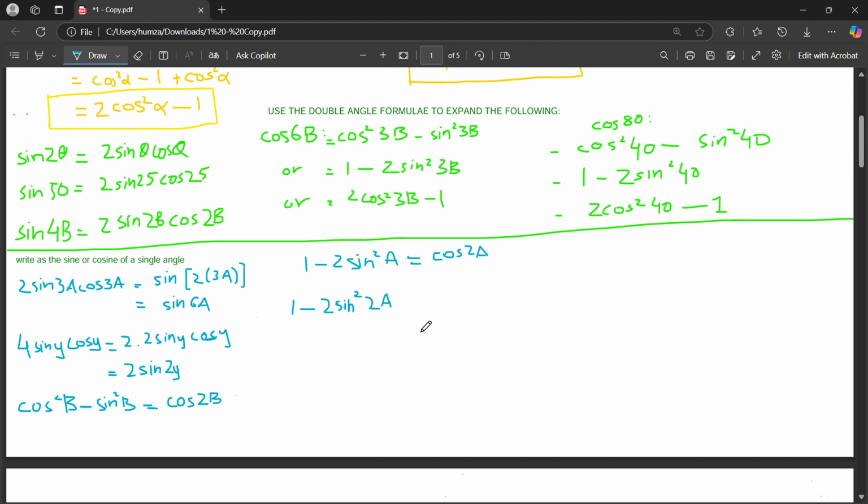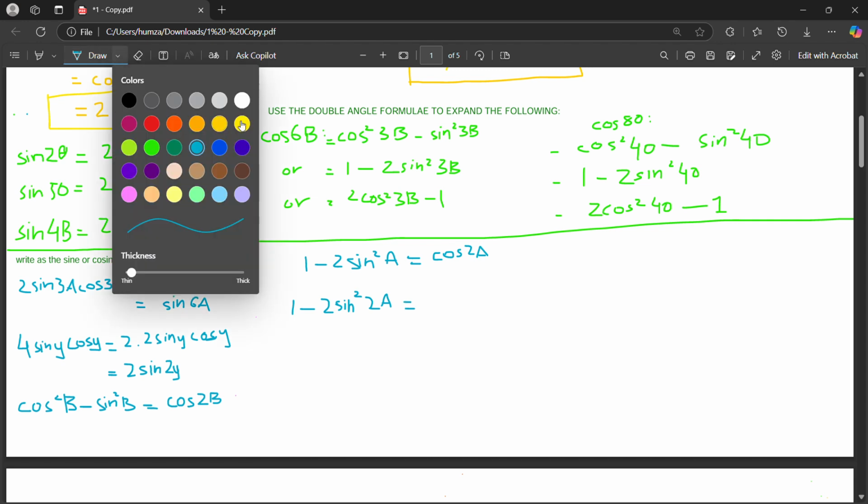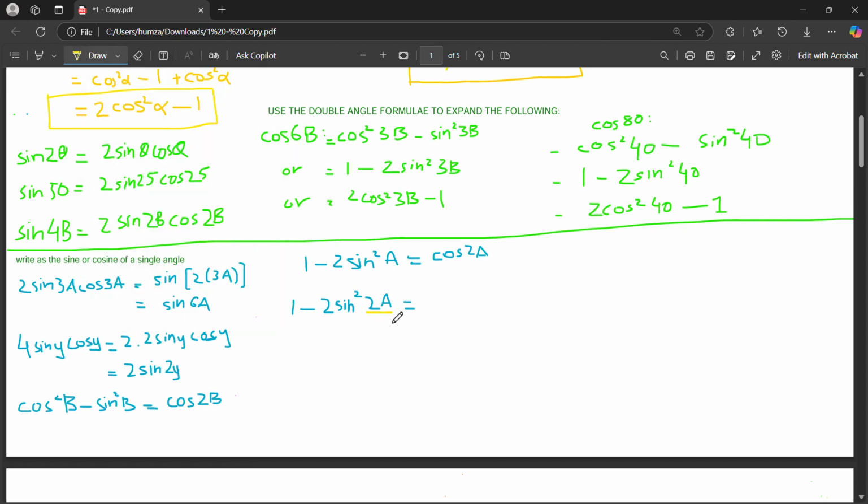Now we must be very careful with this part, this 2a. Most kids get confused here.